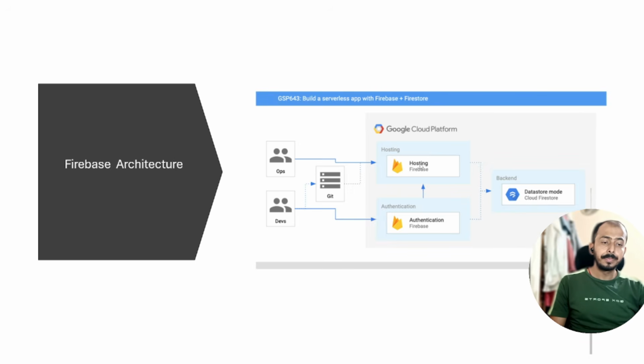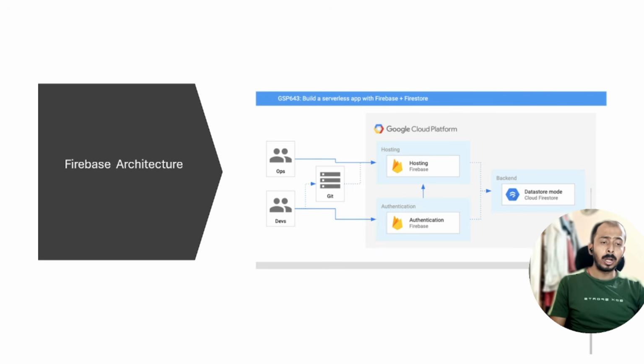In the middle section, now this is where the Firebase services come into play. Inside the Google Cloud environment, we are using two major Firebase components. One is Firebase Hosting, and another one is Firebase Authentication. Firebase Hosting serves as our front end delivery layer.